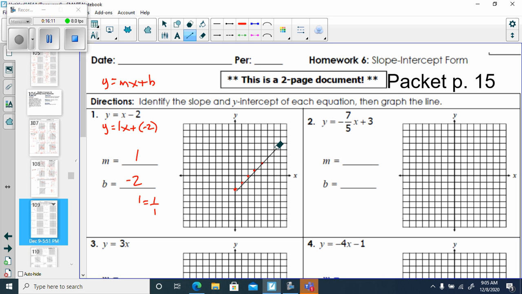There we go. I plotted it. I'm off just a little bit. Let me move my little line over a little bit. All I need to do is move it. Well, you get the idea. All right. Let's do the next one.